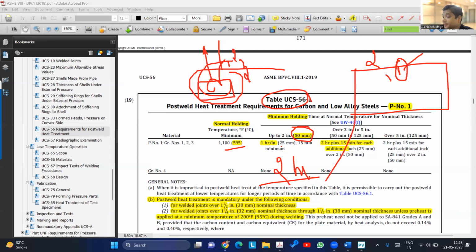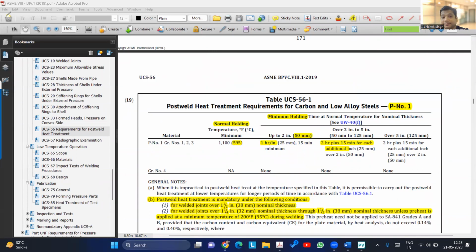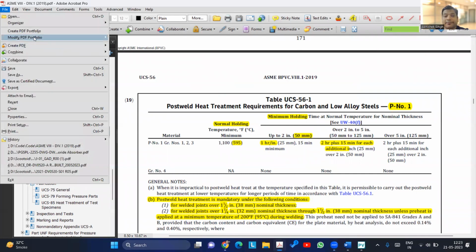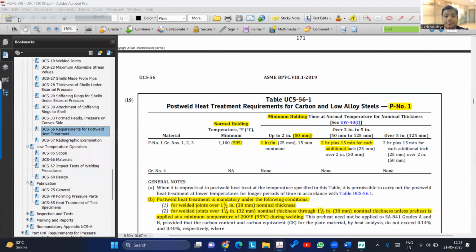Next question by Akash is, what is the test ring and why is it required in a heat exchanger? So we are talking about the test ring for hydro testing or leakage testing, right? Good question. Let me just open any sketch. So I'll open TEMA itself.